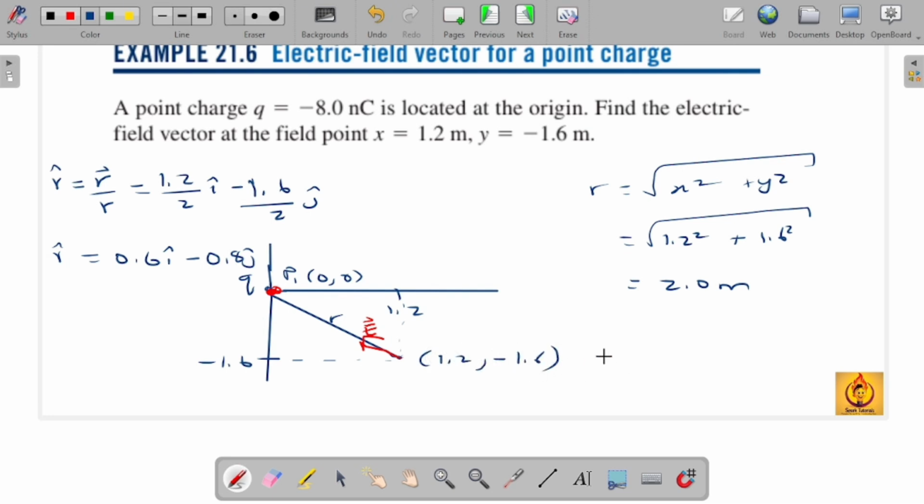Then we said our R vector, before we find the unit vector, we need to have the R vector. That's going to be point 2 minus point 1, which is 1.2, negative 1.6 minus 0, 0. And in fact, it gives us 1.2 in the i hat minus 1.6 in the j hat. So this is just to satisfy my fears, to see it on paper that this is happening, right?